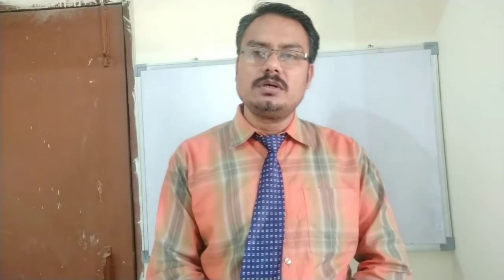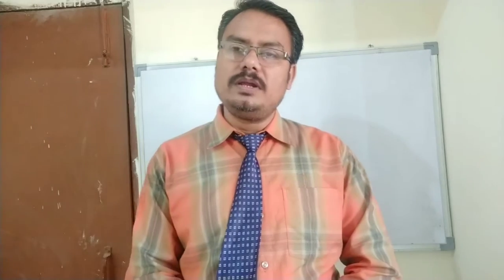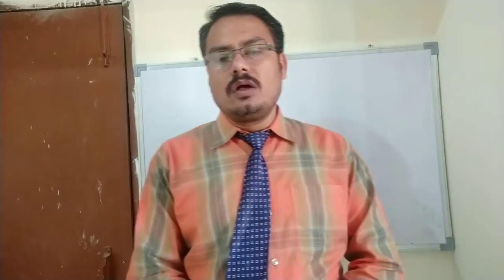As you know, the chapter physical and chemical changes is under process, and under this chapter, my previous topic was the common examples in our daily life. For example, rusting, which I explained in my previous topic.